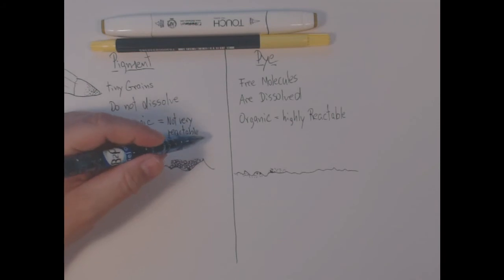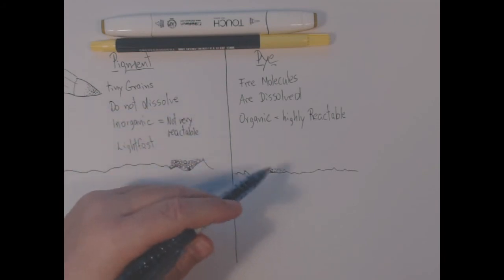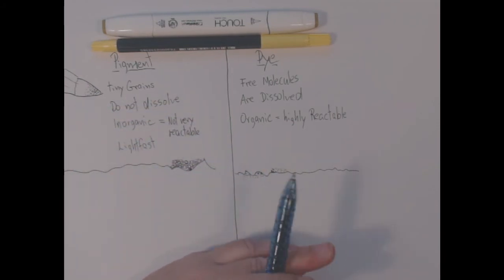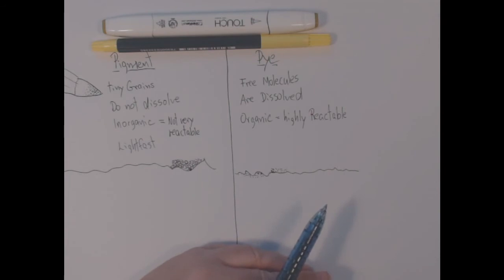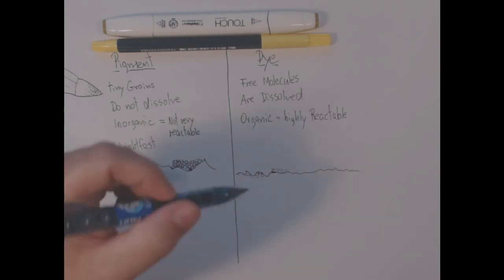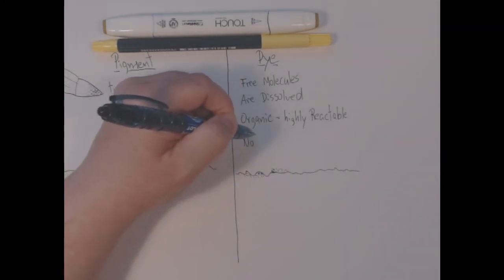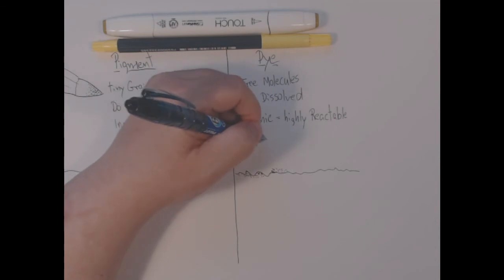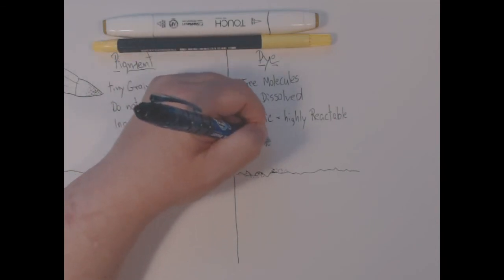When you add UV light to any kind of chemical compound, it will, over time, change its chemical composition. The difference is how fast it happens.